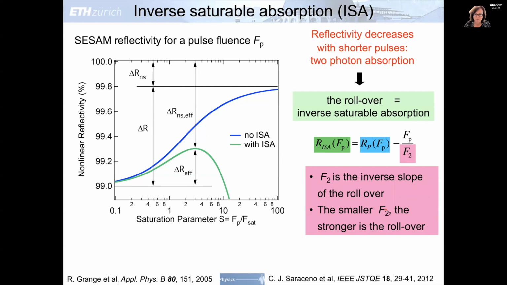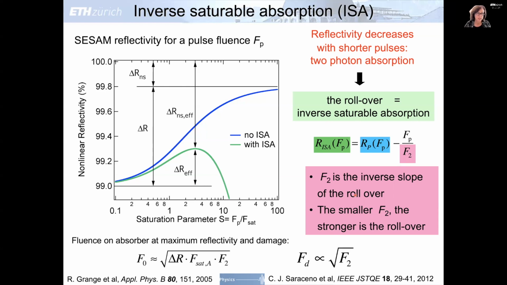And we developed a theory which explains this nonlinear response with an additional parameter, F2, which gives you the strength of this two-photon absorption. Again, a macroscopic parameter that we need to optimize. And we could show that the maximum of the nonlinear reflectivity change, where normally the laser is then operating, is given by this equation, which is the square root of F2.